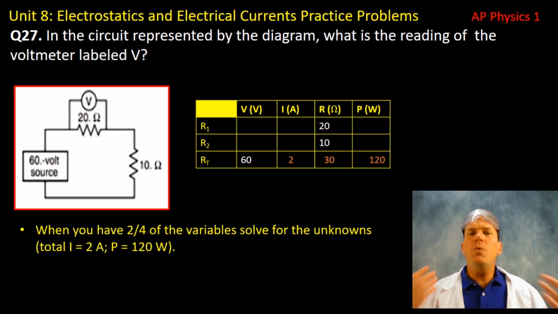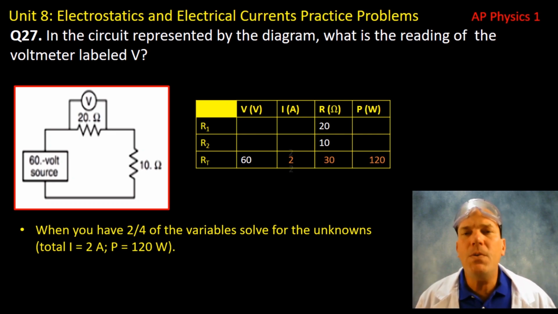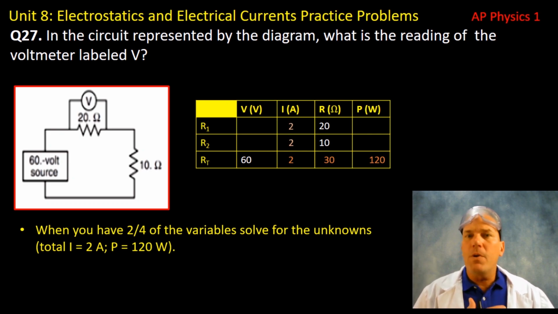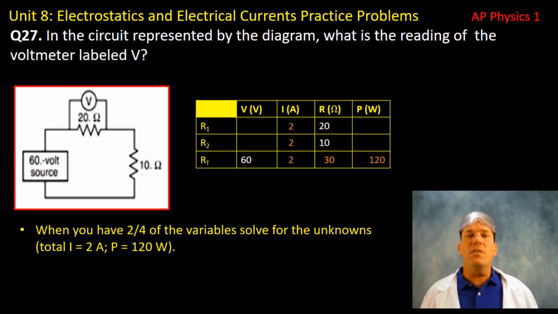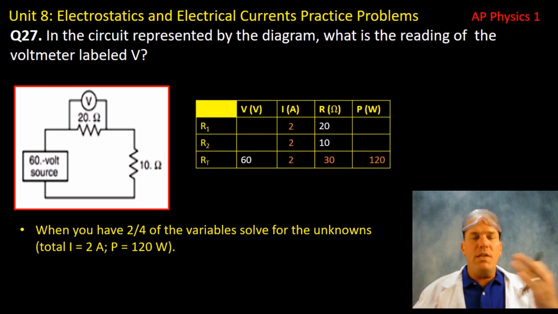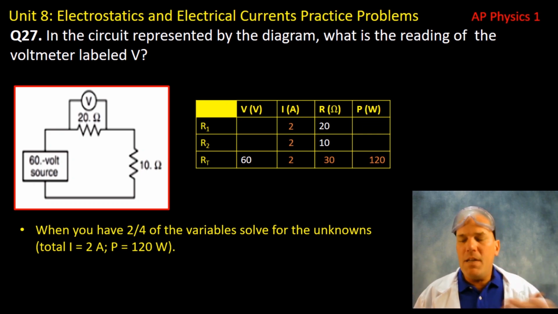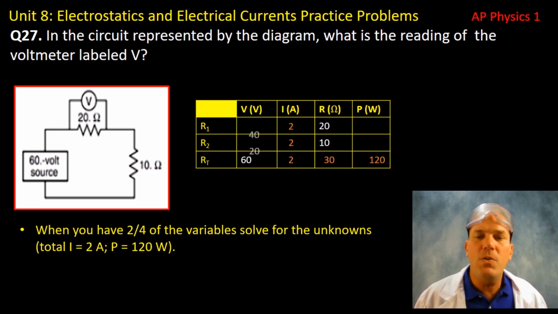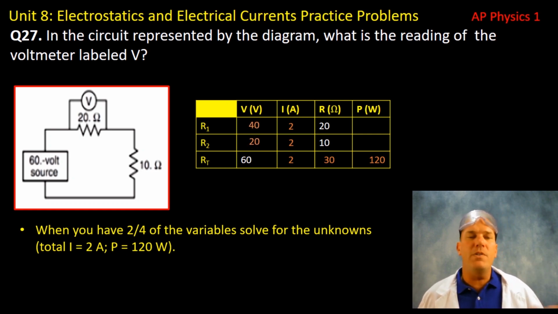However, 2 amps is also going to be the current throughout the entire circuit because each of the resistors, in this case there are 2, are hooked up in series, and the amperage across is constant, which then allows us to find the potential difference for the individual resistors.